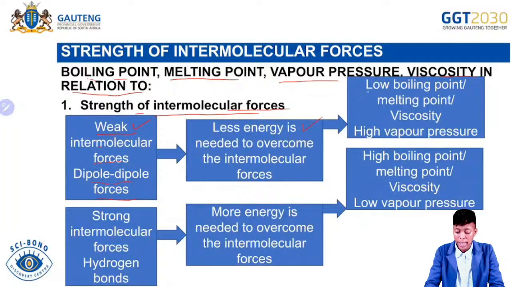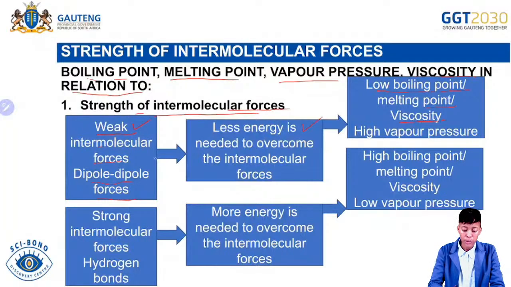If less energy is required, then the boiling point, melting point, and viscosity will be low. If they are low, you are going to have a high vapor pressure.